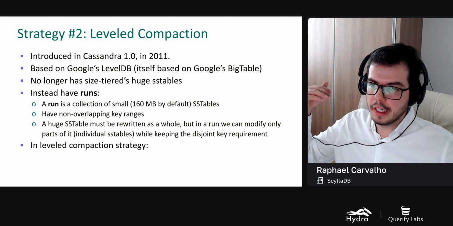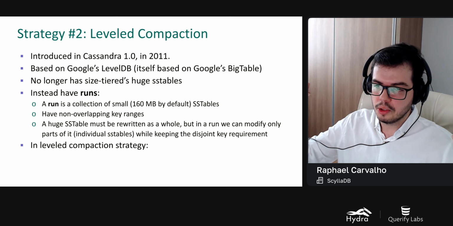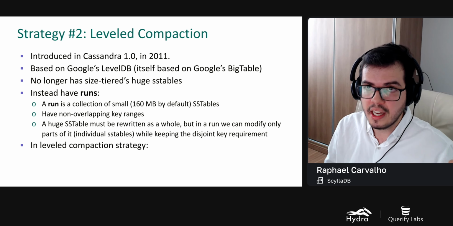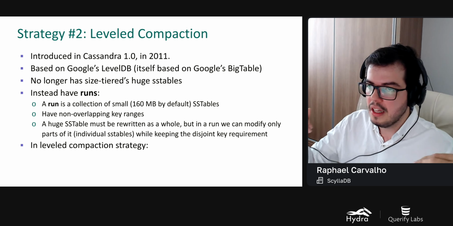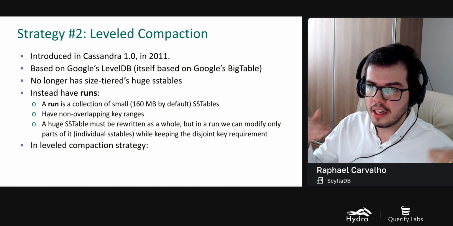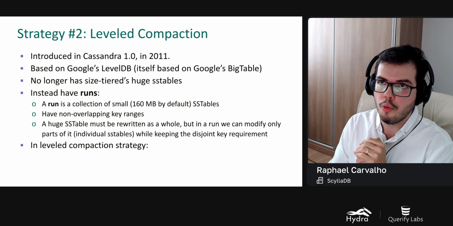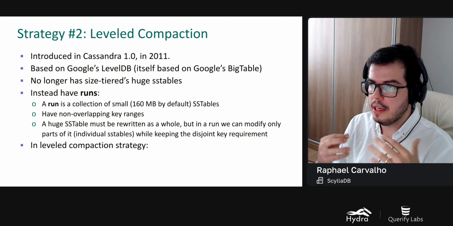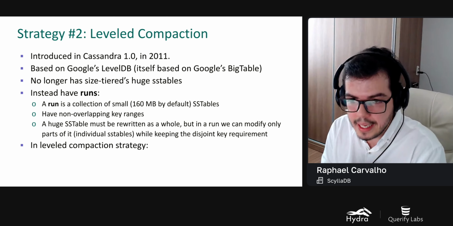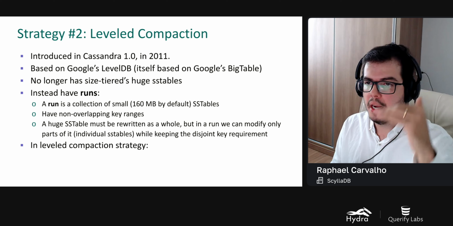In level 2, we are going to have 100 files, and in level 3, 1,000 files. And when I say disjoint, I'm saying that those files in a given level do not overlap in the key range, meaning that if I want to read a partition, read a key, I only have to look at one file for each level.